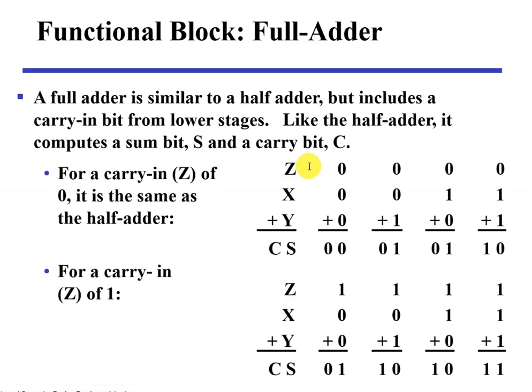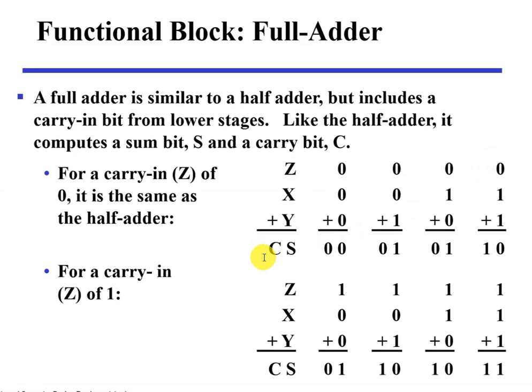Two of the input variables, as we denote here x and y, represent the 2 significant bits that need to be added. The third input, which we denote here as z, represents the carry from the previous lower significant position, so it's a carry in.